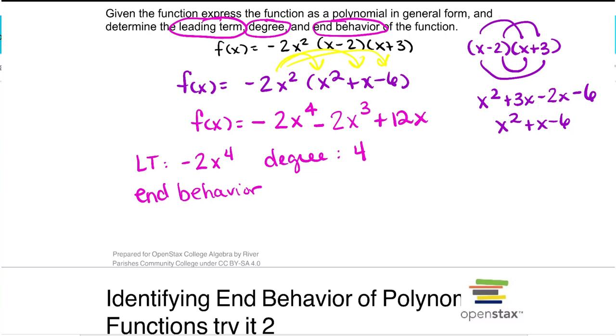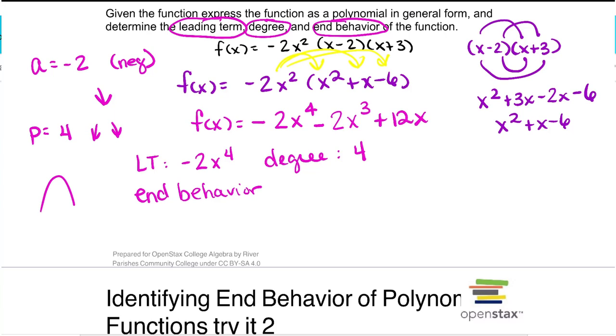And so then end behavior. Well, let's look at our A or K, whichever one you want to call it. That's negative 2. It's negative. That means the right behavior is pointing down, and because the degree is 4, that means that the left behavior is pointing in the same direction.